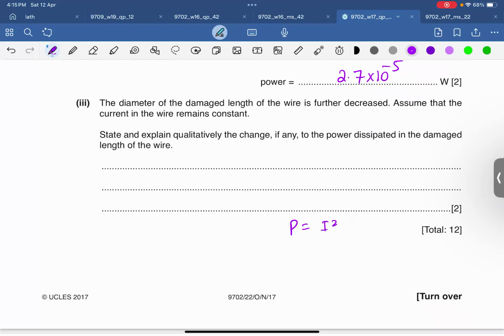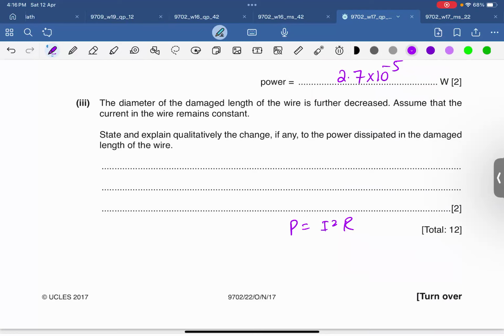Power is I squared R. No idea? Come on. Sir, if the area decreases, the resistance will increase. And if the resistance increases, the power will also increase.